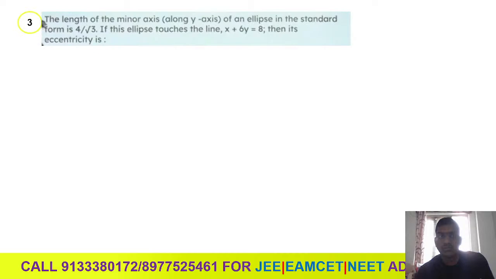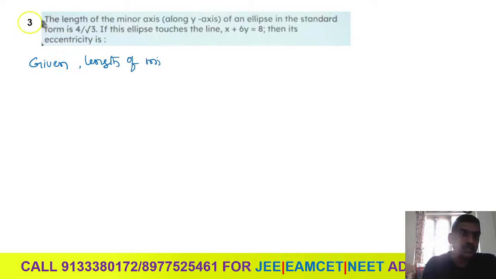Length of the minor axis is given as 4 over square root of 3.